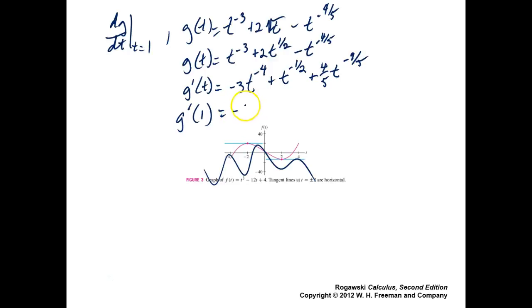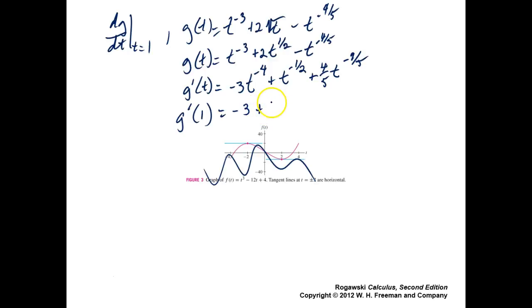Negative 3, because 1 over 1 to the 4th power is 1, exactly.